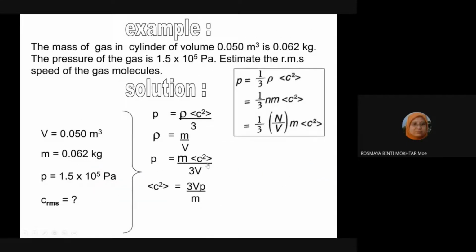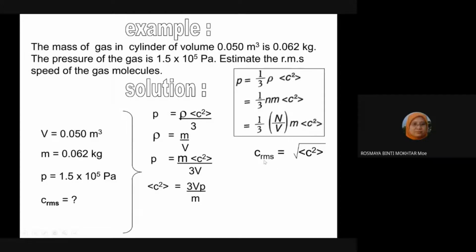Next, we rearrange the equation because we are going to determine the mean square speed first, before we determine the RMS speed. Rearranging the equation here, we get the mean square speed equals 3VP per M. The RMS speed is the square root of the mean square speed.